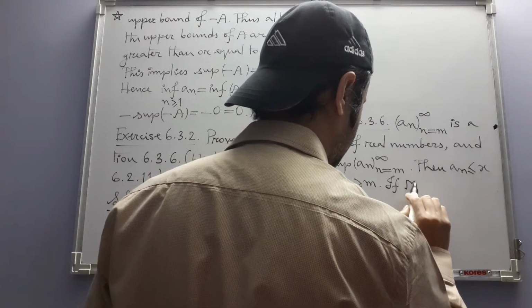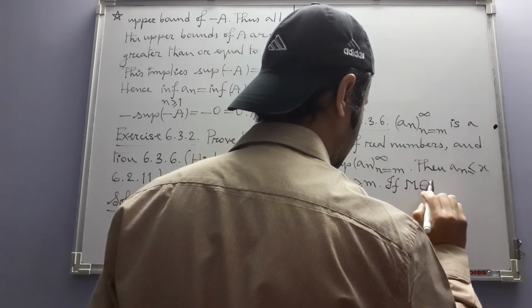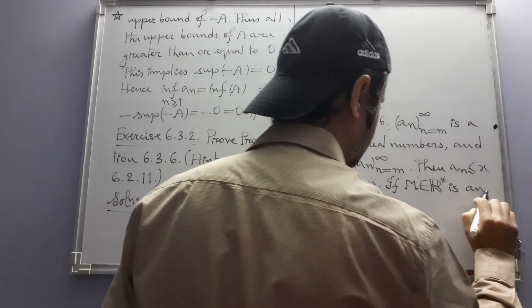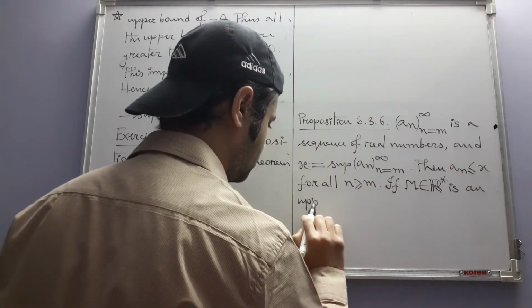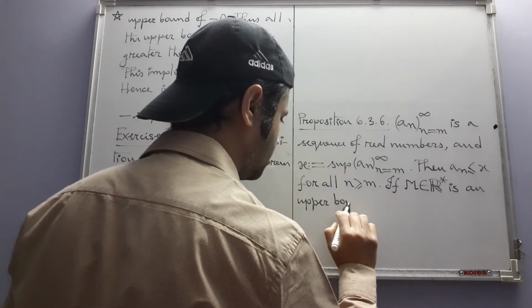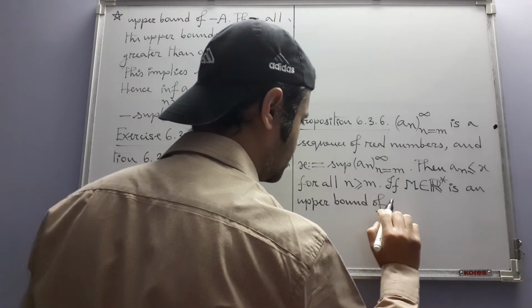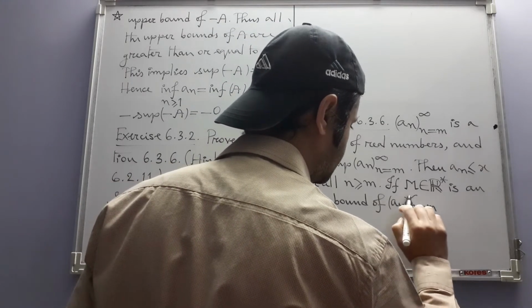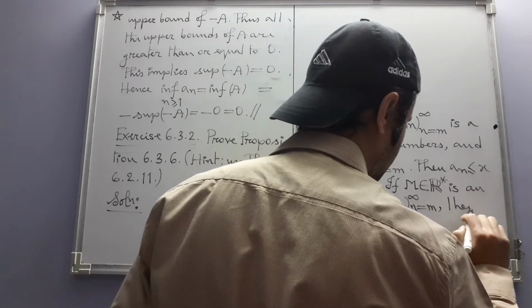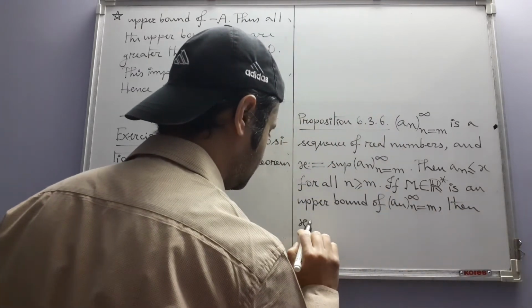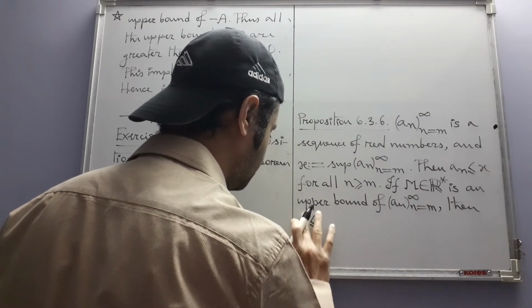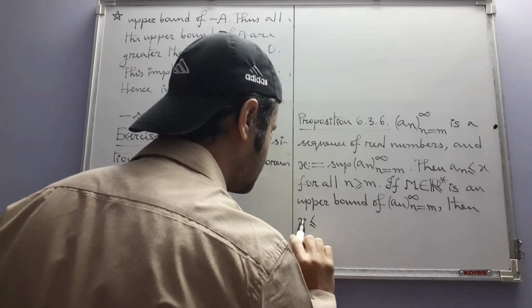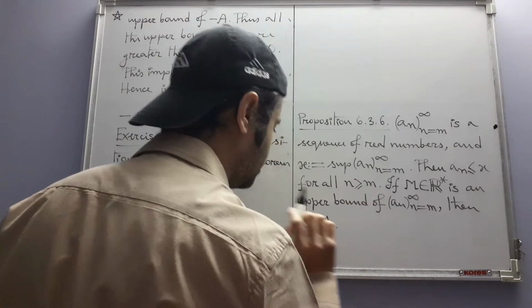Then if the extended real number m is an upper bound of the given sequence, then x must be, this is x, now x must be less than or equal to m.